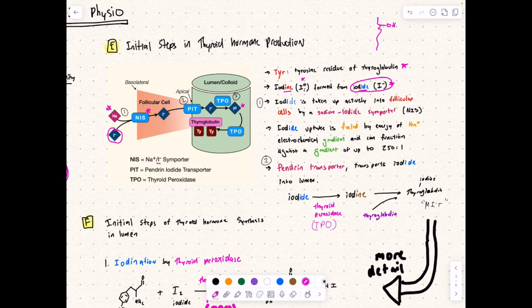take advantage of the sodium gradient to take in the iodide, and that will take it into the follicular cell. And so the follicular cell is interesting because it is going to pump out the stuff that it just took in. And you're like, doesn't the follicular cell make T3 and T4? Yes, but it takes advantage of the lumen.